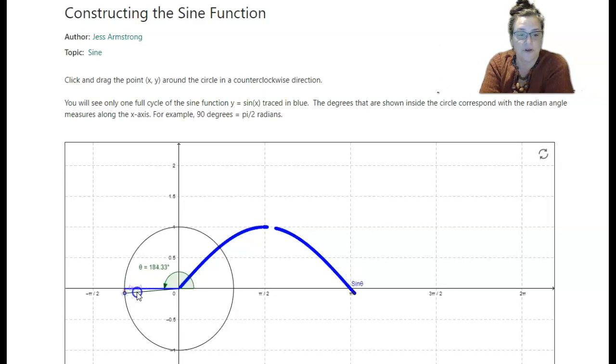Now in quadrant 3, the sign is negative, so we're under the x-axis, and as we approach 3 pi over 2, right there we find our absolute minimum. And now in quadrant 4, we're coming back around to 1 full revolution, which is back at 0 for 2 pi. So this is the curve for our parent graph of the sine function.